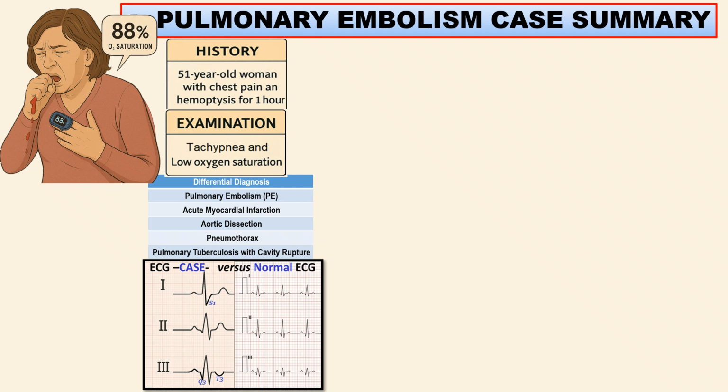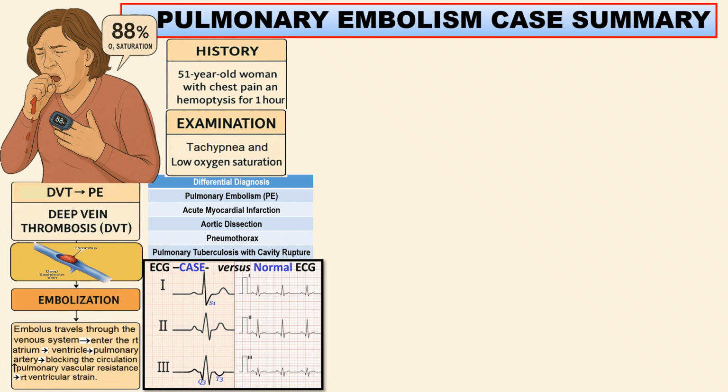This narrows or shifts the diagnosis even before the imaging confirmation by computerized tomography of the pulmonary artery, and this represents the second learning point. It takes us to the third learning point, which is linking the clinical findings with the pathophysiology of deep vein thromboembolic phenomenon.